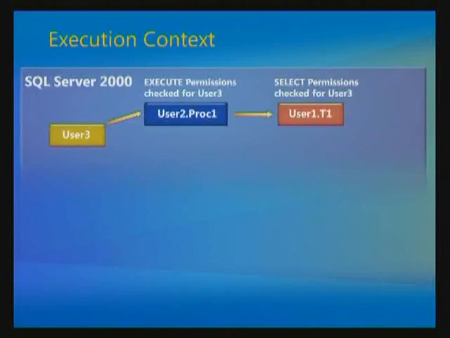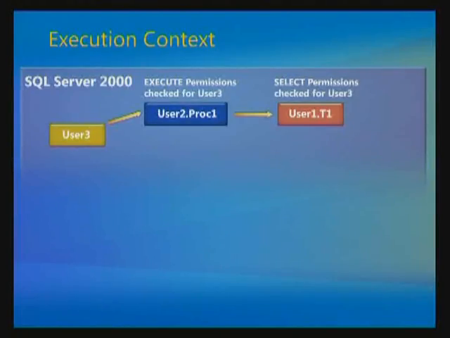Here we have a case where the table is owned by a different entity than the stored procedure. In this case, normal permissions checking will happen, and since my stored procedure is still running in the context of the user, user3, that user is going to have permission to access table T1. If that permission check fails, they're not going to be able to access the table.